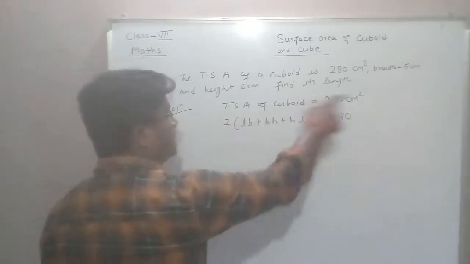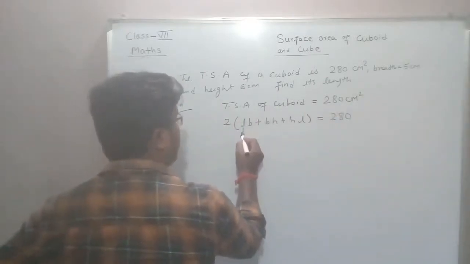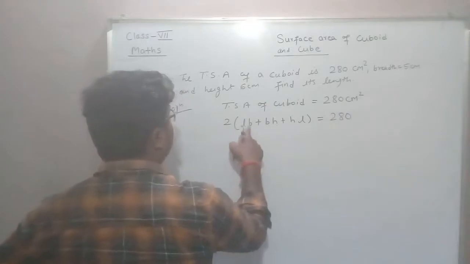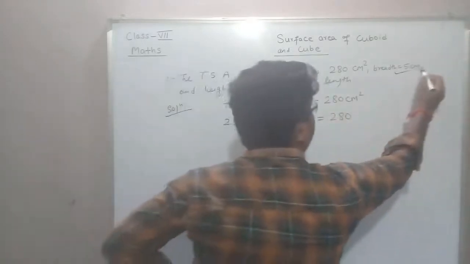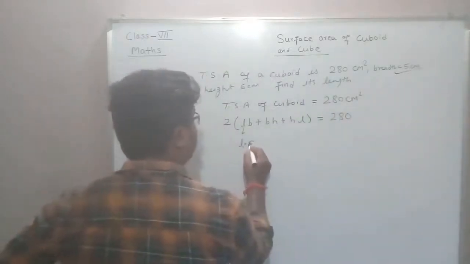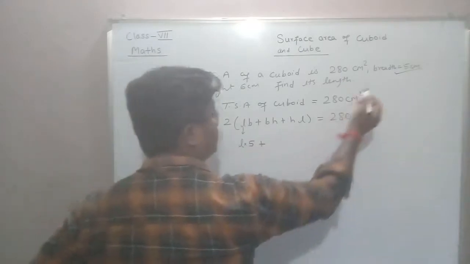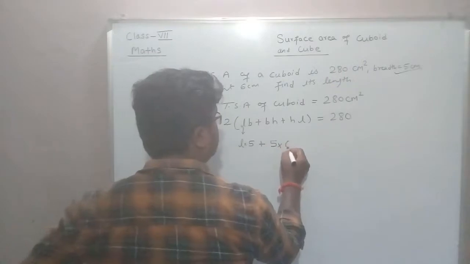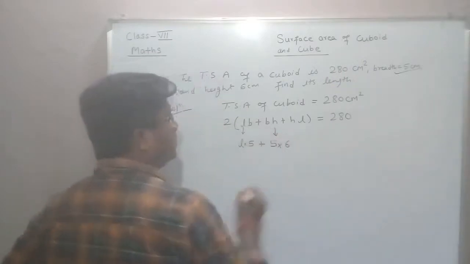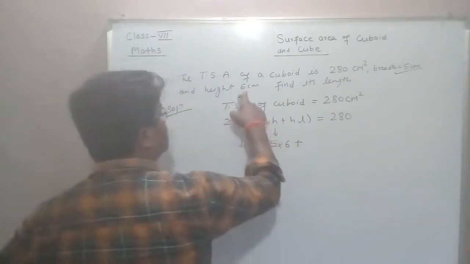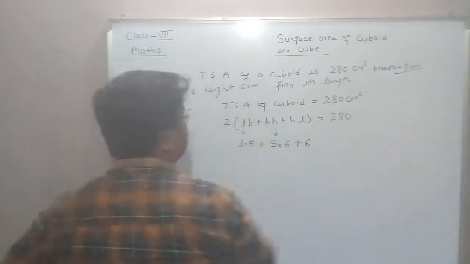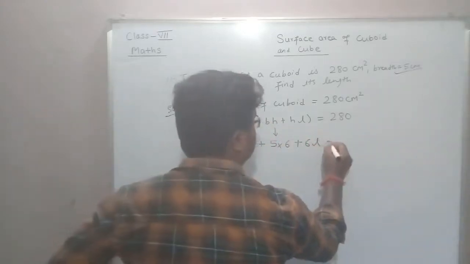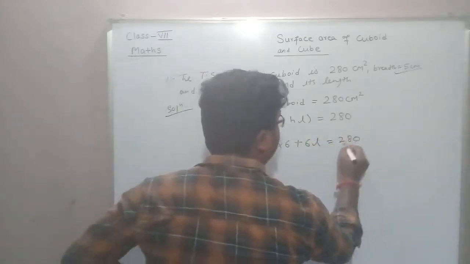These 2 transfer to the right hand side and put the values. For L we don't know the value. B we know the value. Breadth is 5, so L into 5 plus B we know. Breadth is 5, height is 6. For this I have put the values, plus height is 6 and length we don't know, is equal to 280 divided by 2.